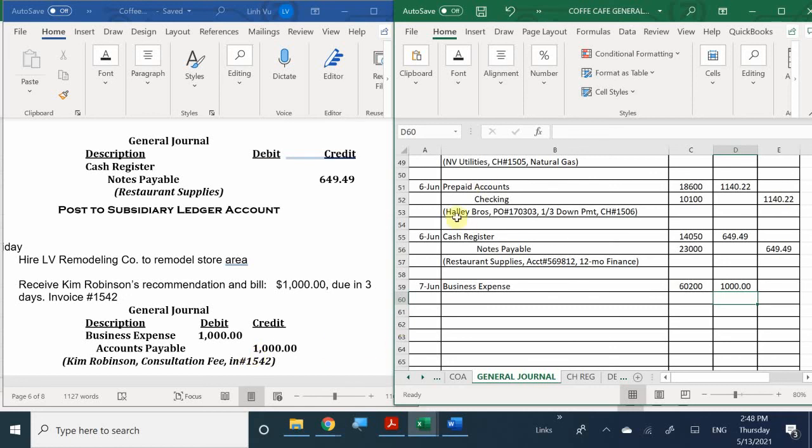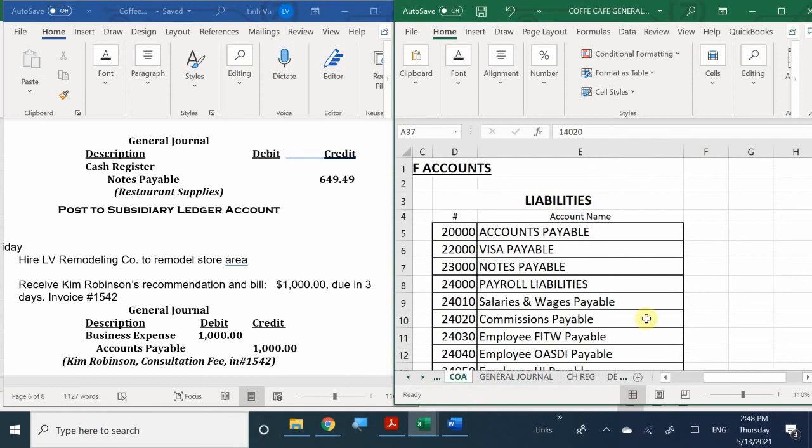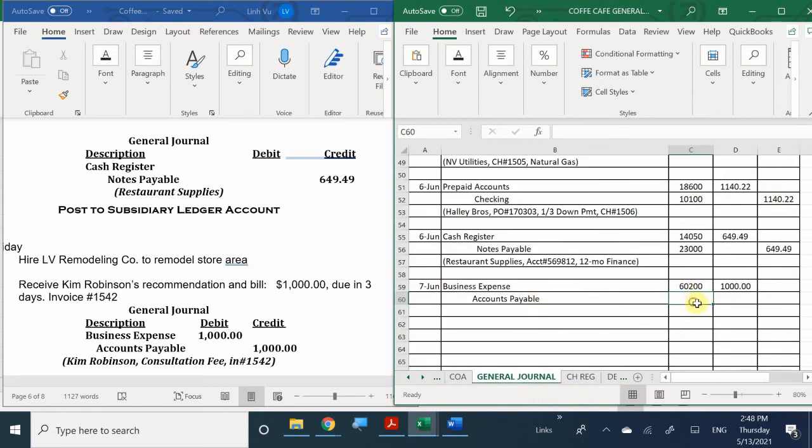So in this case, I'm going to owe it on an accounts payable, like Nicole mentioned. And what is my account number for accounts payable? 20,000. Good. For $1,000.